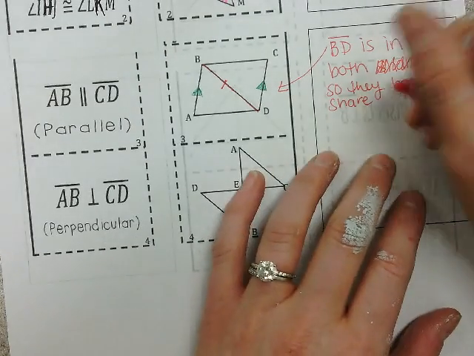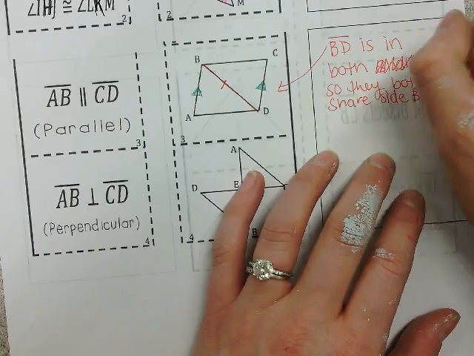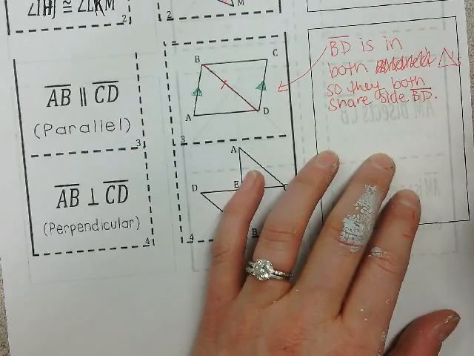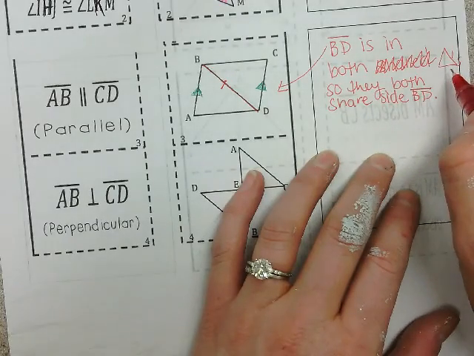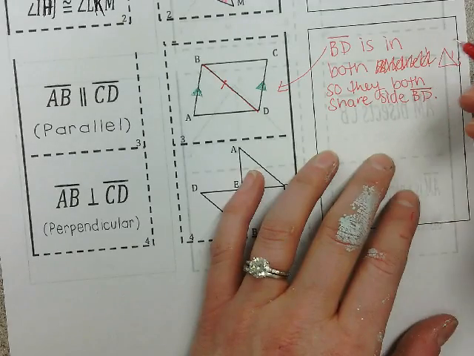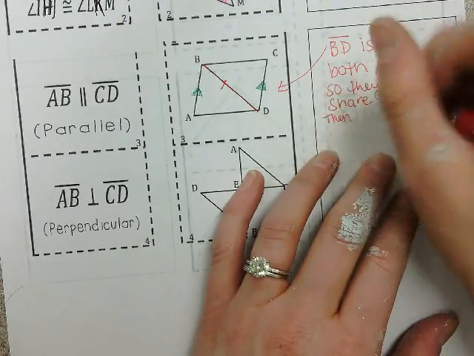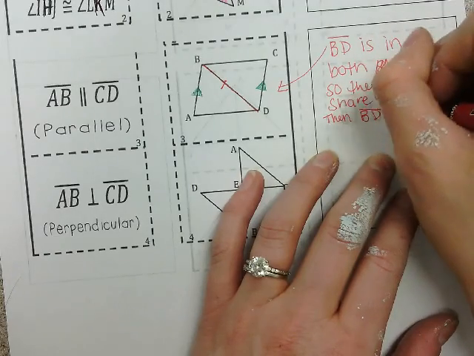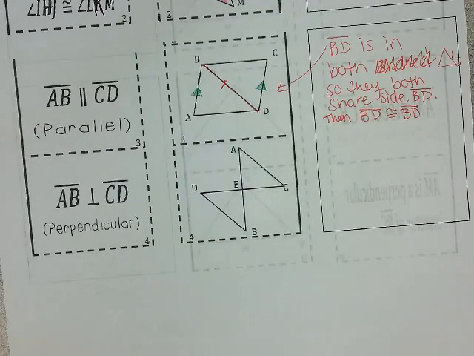Those share side BD. They both share sides. BD is in both triangles. If y'all would stop, I can't focus. Congruent BD.